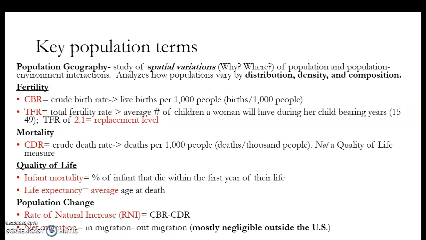So again, in most countries, migration is negligible. In the United States, as we're going to see, net migration is the key reason why the US population is not contracting. Without migration, the US population would shrink. We have a negative RNI, meaning in the United States, we have more deaths than births.